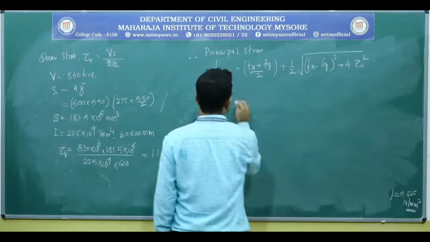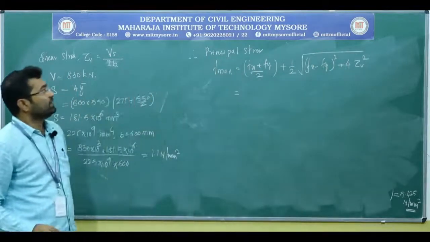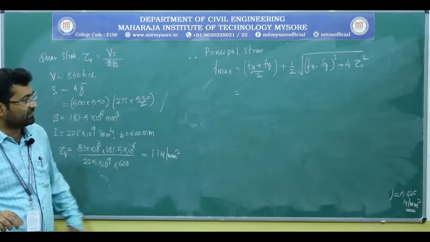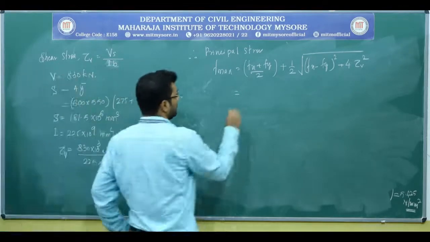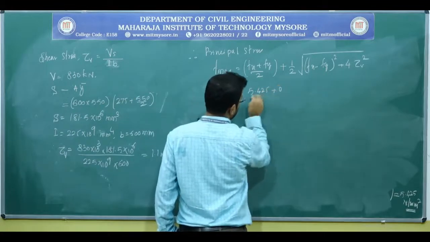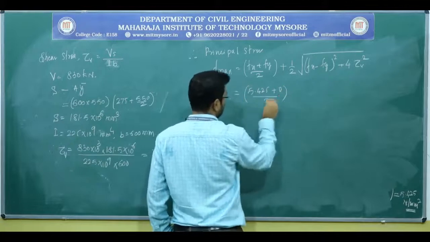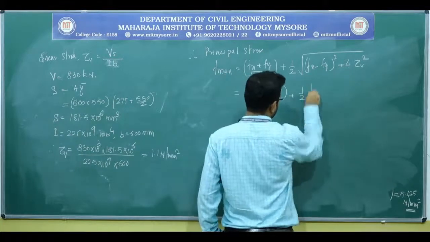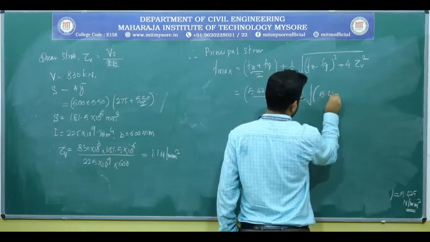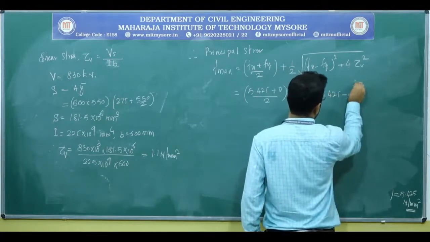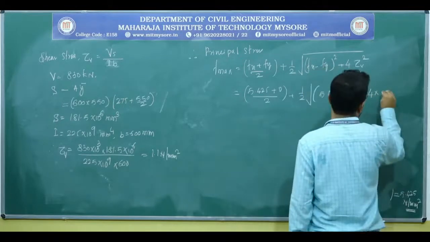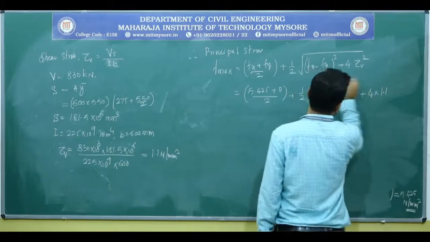This is the formula to calculate the principal maximum compressive stresses. So, Fx is, as per our calculation, 5.425, Fy is 0, whole divided by 2, plus half into under root of Fx, 5.425 minus 0 whole square, plus 4 times tau v, which is 1.1.